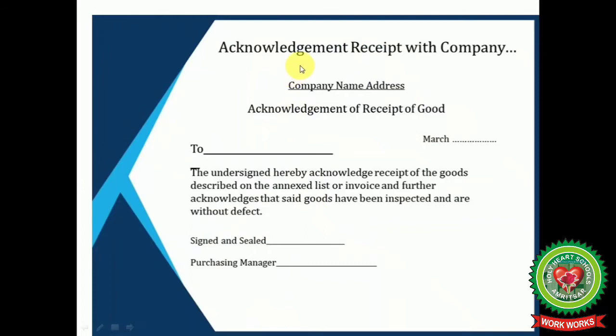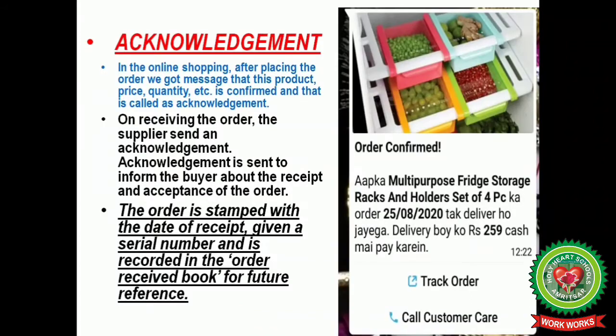Then the next document that is required in a home trade is acknowledgement. So acknowledgement, like in online shopping, after placing the order, we get a message that this product, price and quantity is confirmed, and that is called an acknowledgement that is given by the seller to the buyer.